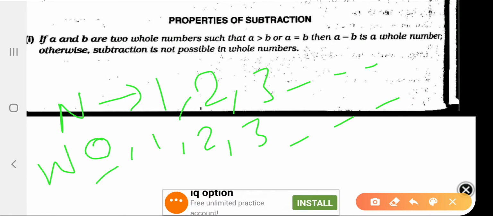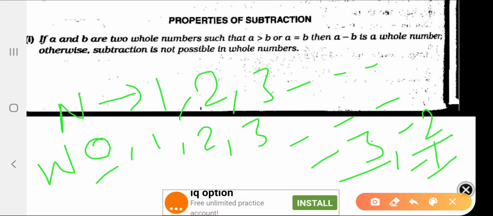The numbers which are negative, like -3, -2, -1, are not whole numbers. These numbers come under the category of integers. Negative numbers, positive numbers along with 0 come under the integer category.